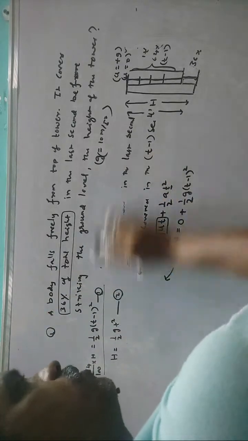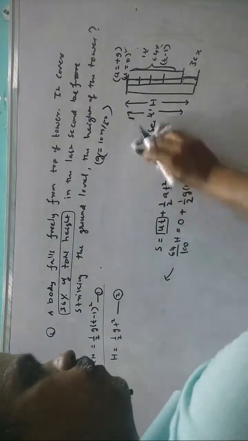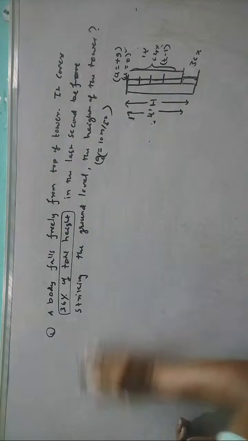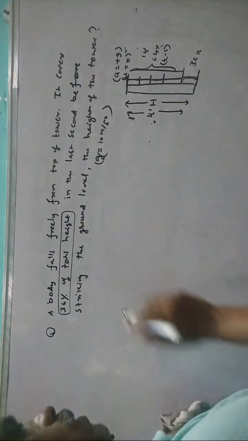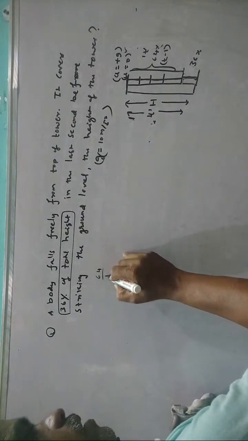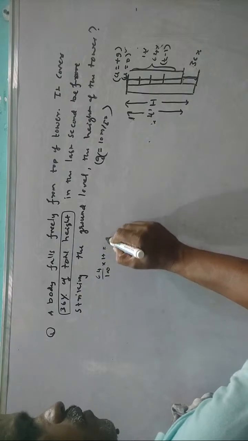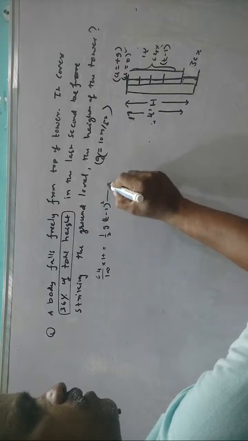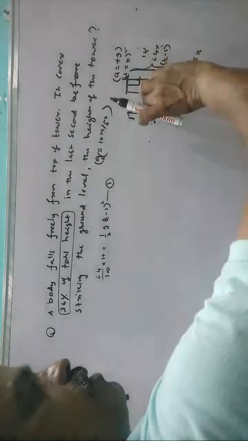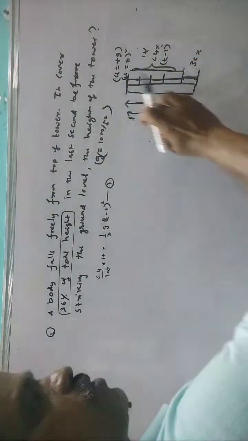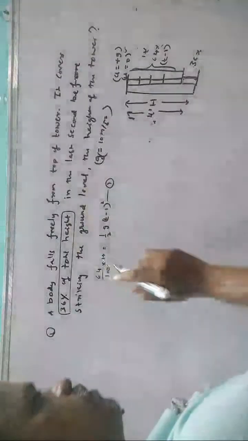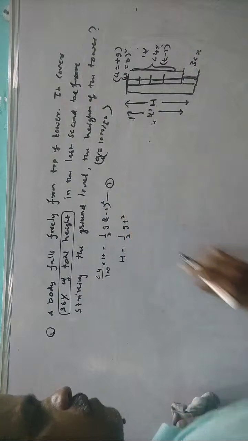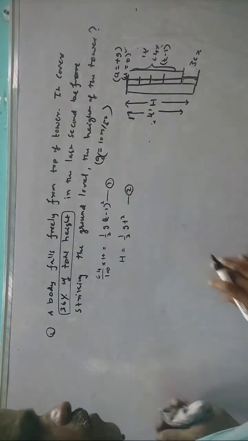So I got 64 by 100 into h equal to half g t minus 1 square. This is equation 1. In total time t, how much displacement is covered by that body? h. So h equal to half g t square. This is the second equation.